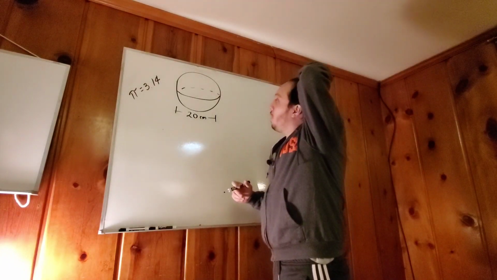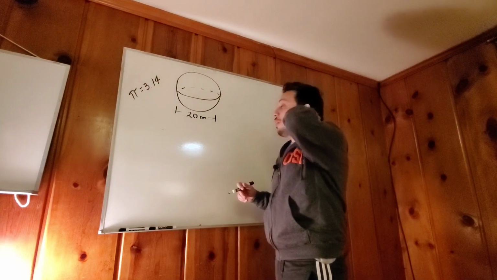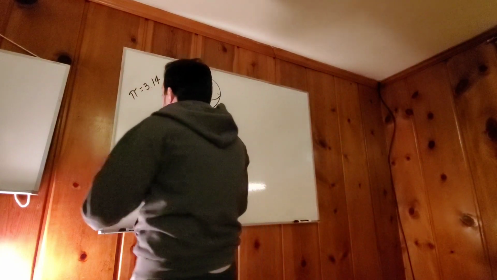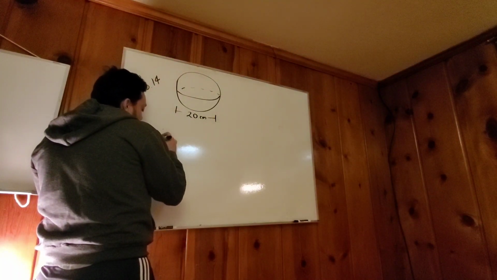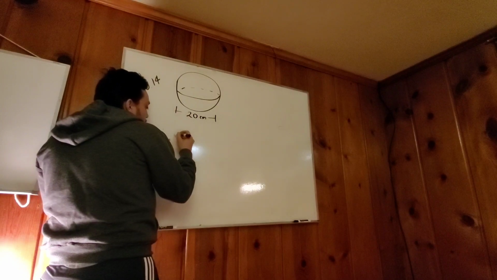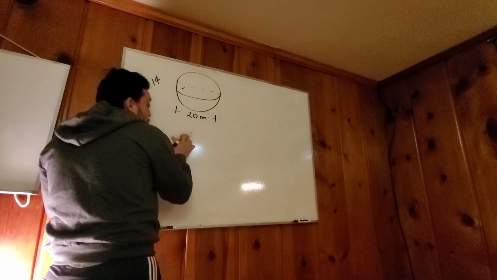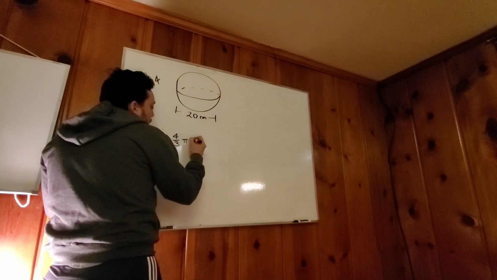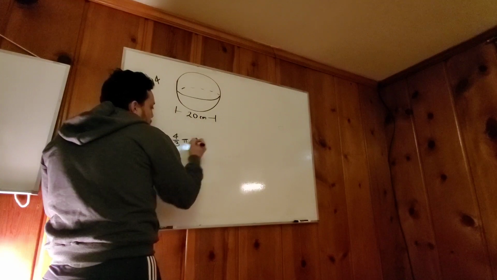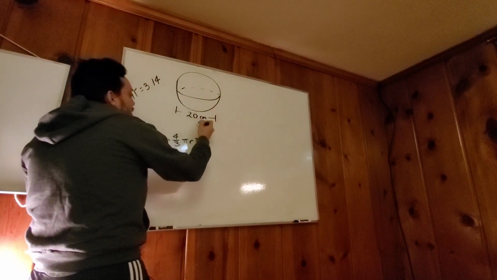So to be able to find the volume of the ball, what we're going to do is find our formula, or know our formula. The formula is the volume of a sphere is 4/3, not 3/4, 4/3 pi radius cubed. Okay, so what is our radius? Our radius, because the diameter is 20, is going to be 10.